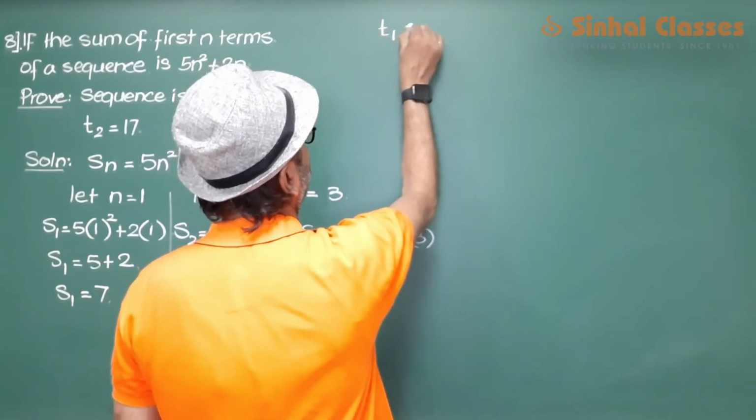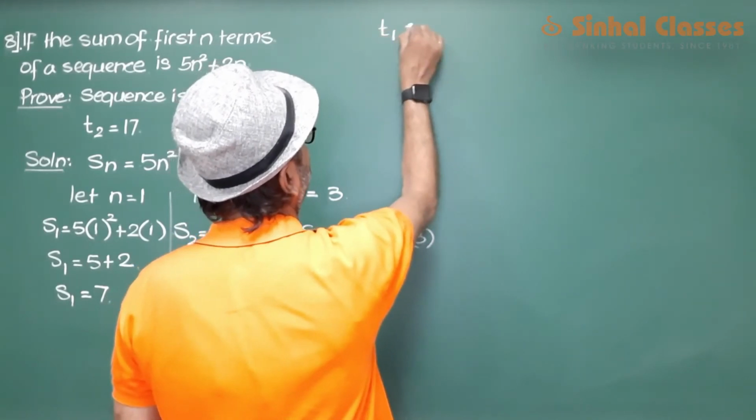Now another equation that is given to us is sum of three terms of an AP is 33. According to the second condition, sum of the three terms is 33.